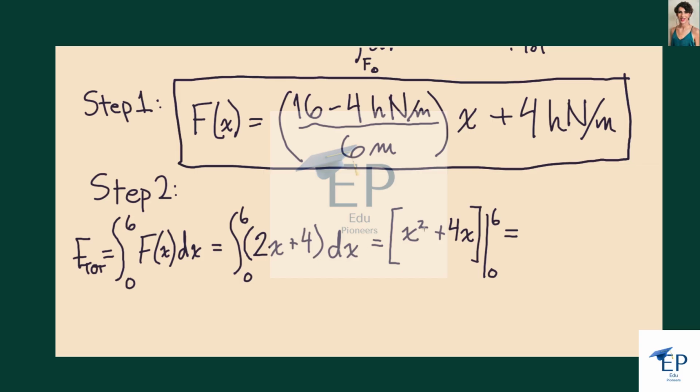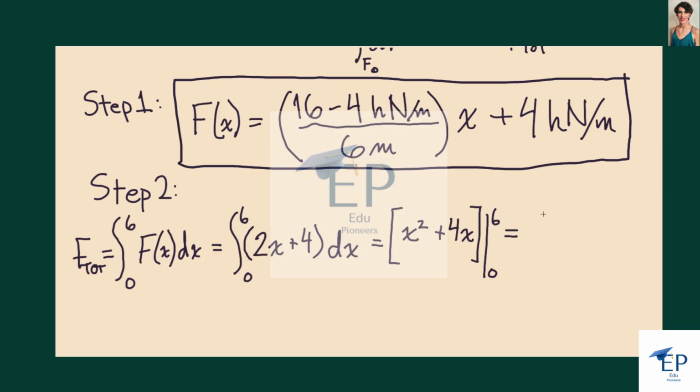We'll put them back in after we're done the integration. We do the integration term by term here. The integral of 2x dx is x squared over 2, so the 2's cancel. We're left with x squared. The integral of 4 dx is 4x, and we're going to evaluate these from 0 to 6.